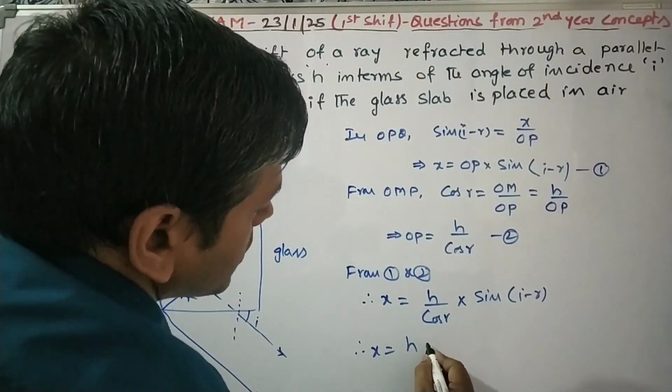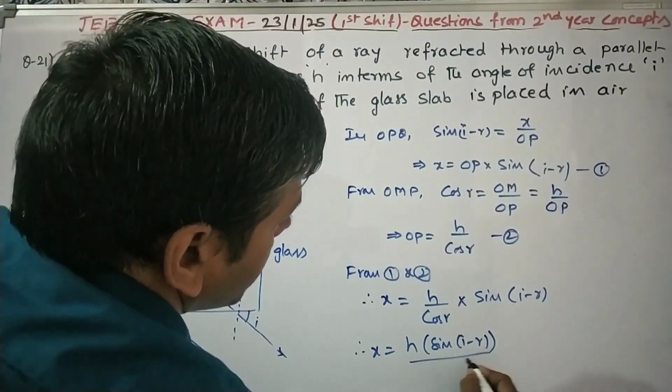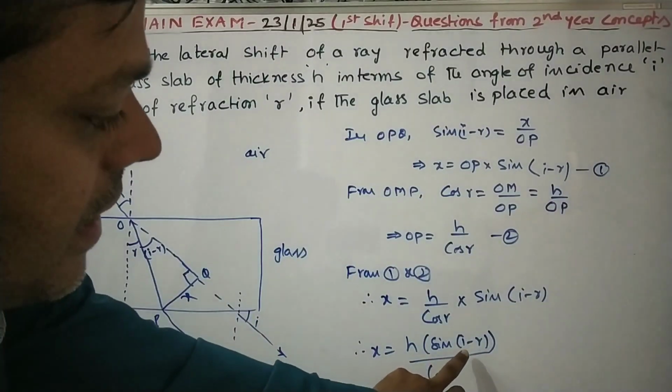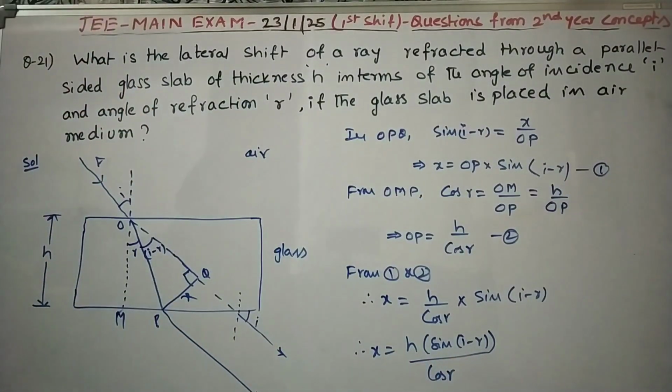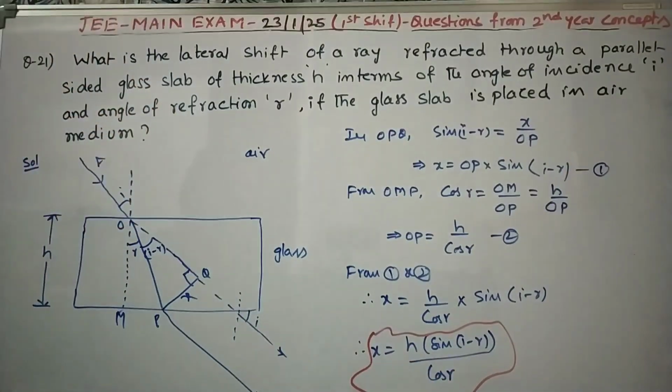Therefore X is equal to h into sine(i minus r) by cos r. So you get the lateral displacement in terms of angle of incidence and angle of refraction, isn't it? So this is the answer for this question. Okay, right.